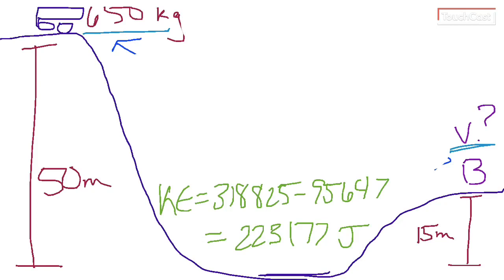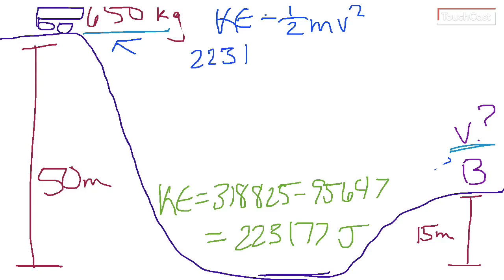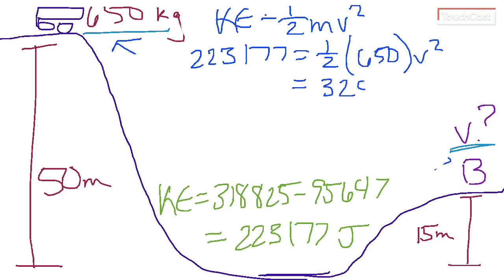Yeah, so the next thing I'm going to do is plug that into my kinetic energy equation, because I'm trying to solve for velocity. And so if kinetic energy is 1/2 mv squared, I know that I have 223,177 joules of kinetic energy. I still have a mass of 650, and I need to solve for V. Okay, so that means this side ends up equaling 325 V squared.